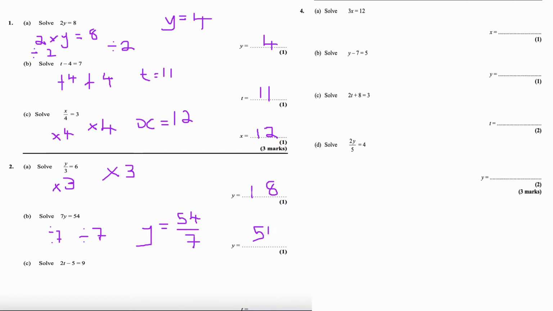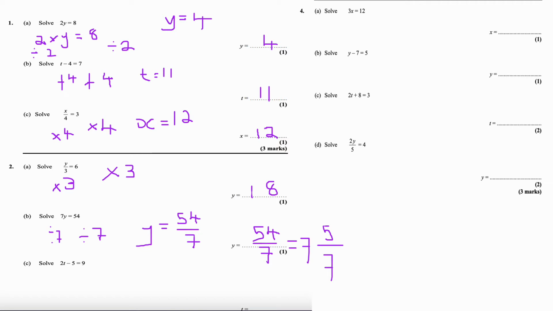Of course, you are welcome to write it as a mixed number, but for the purpose of this video I want to just focus on expressing our answers as a normal fraction or improper fraction. 7 doesn't go into 54 fully, it goes into it 7 times with 5 remaining, because 7 sevens are 49, 49 plus 5 is 54.